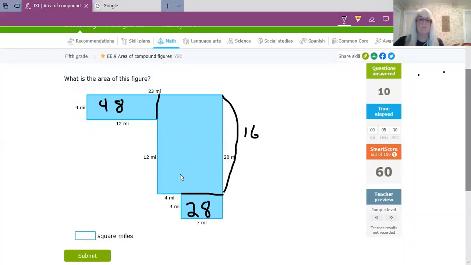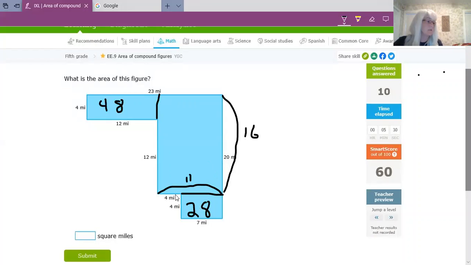Then here on my width, you can see I have 7 here because opposite sides of a rectangle are going to be the same length. So this line right here is 7 miles. And if I add the 4 miles there, then this width right here would be 11.